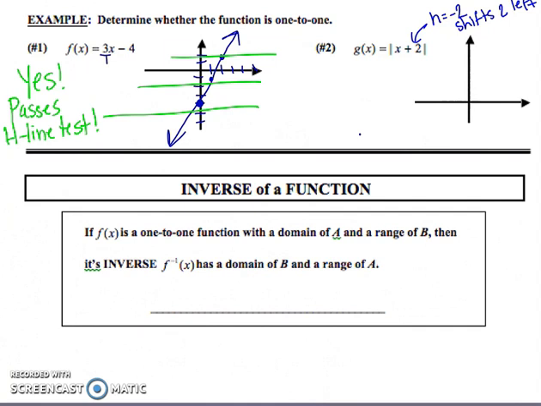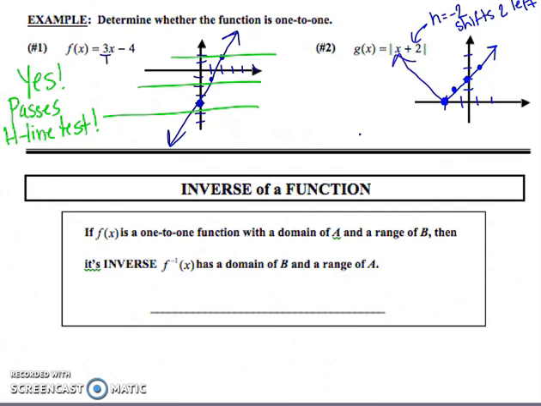So my vertex is going to be right here on the x-axis, and then the rest of the graph looks just like the absolute value of x. So I have a slope here of 1/1 on the right-hand side and a slope of -1/1 on the left-hand side.